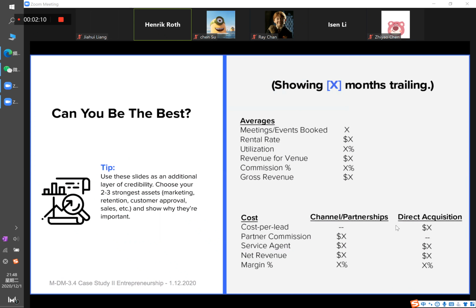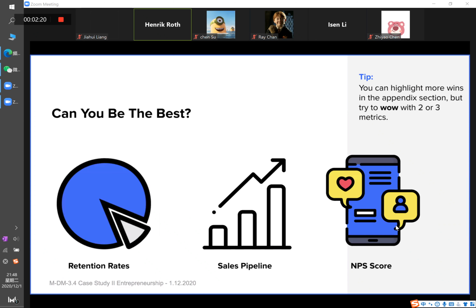Can you be the best? So showcase some financial numbers that it works. Like the summary of your financial plan. So showcase also important metrics in case you already have them. I think this is something which you cannot really show when you don't have a product yet.